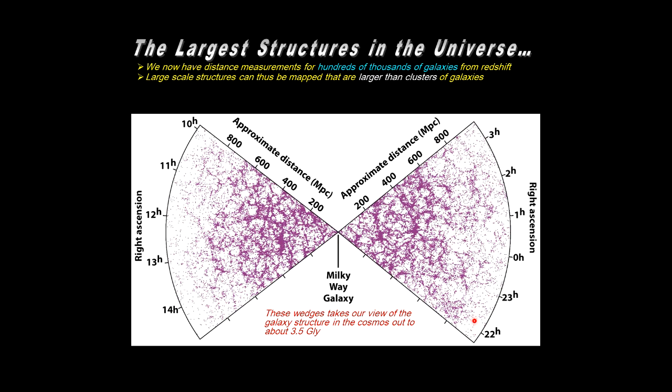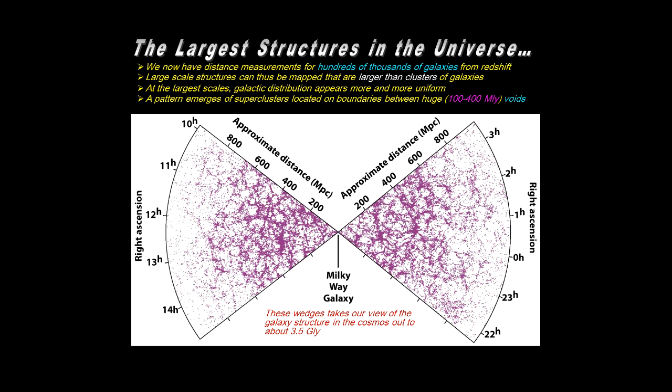It's difficult to get data from real far away. So it looks like the density of galaxy clusters is diminishing out, but that's actually a selection effect based on our technology. But at the largest scales, we see that the distribution of the galaxies seems more and more uniform.